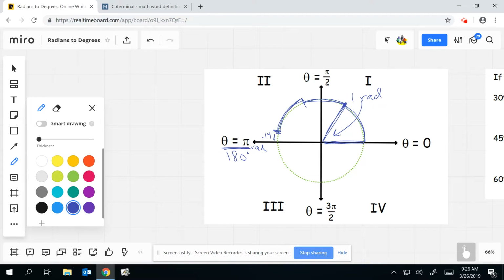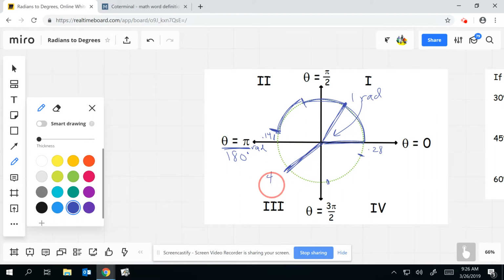It would be in the 3rd quadrant, right? Because this is 3 radians to here. 4 radians is about here. 5 radians, and then we got 6 radians, and then you got 0.28 is this last part, because 6.28 is your 2 pi.